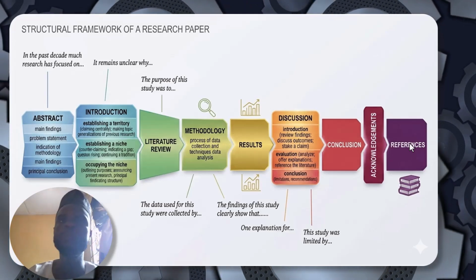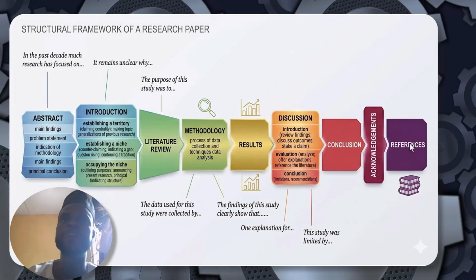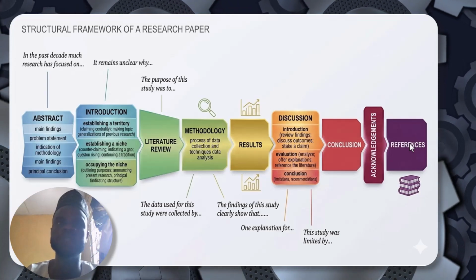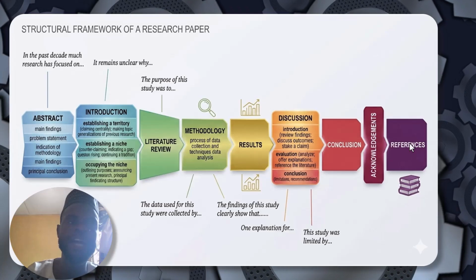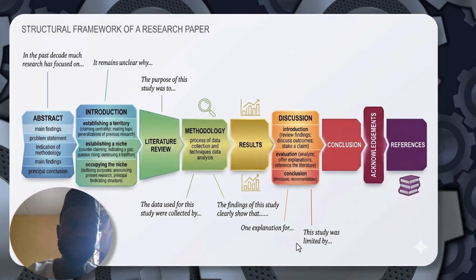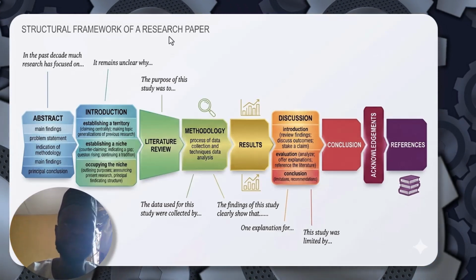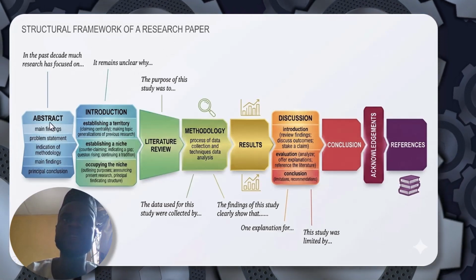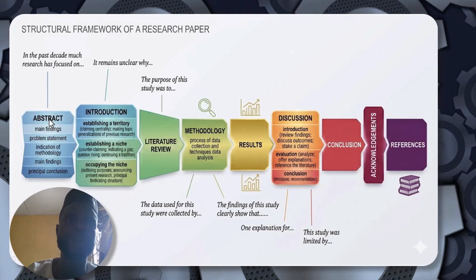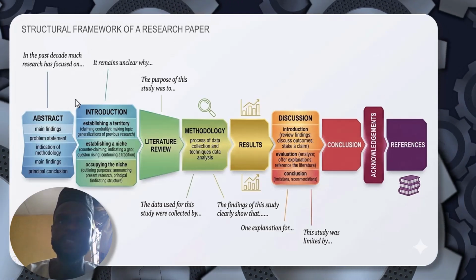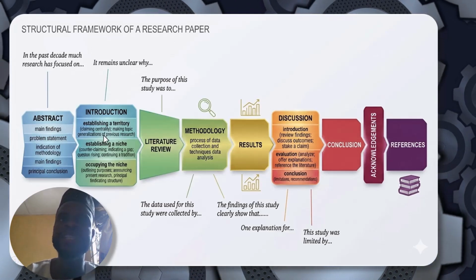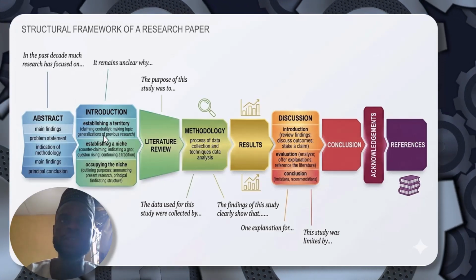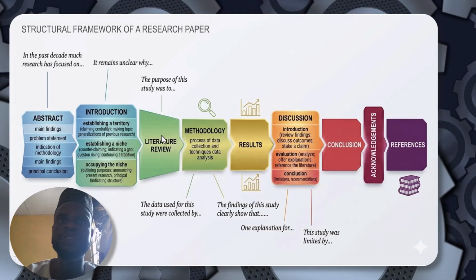Now let's summarize everything. A successful research paper usually follows this structure. One, abstract. Abstract is what? A summary of the whole paper. Then we have introduction, which explains the topic and research problem. Then literature review, which examines previous studies.